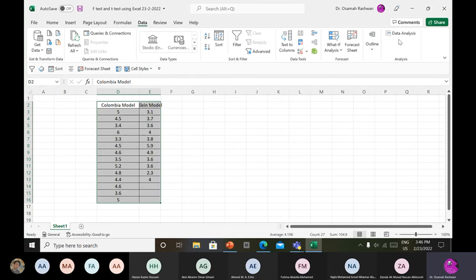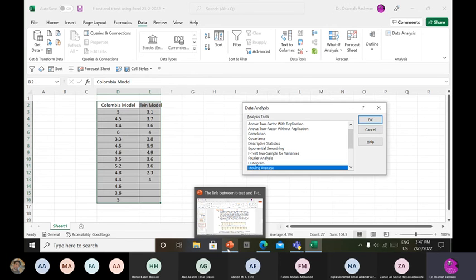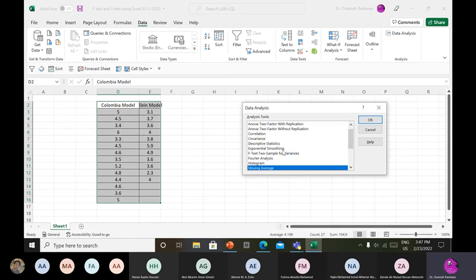Yes, I'll go for data analysis. Okay, what is the alpha here? Alpha, did he give me alpha? Guys, 5%, right? It is 5%. So I'll go for t-test, unequal variance.